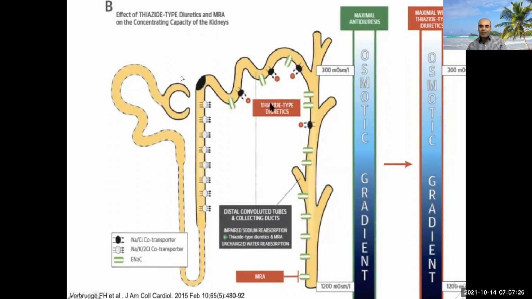What is the mechanism of action of thiazide here? Thiazide works on the distal convoluted tubule via the sodium chloride co-transporter. This channel will be paralyzed or blocked by thiazide.